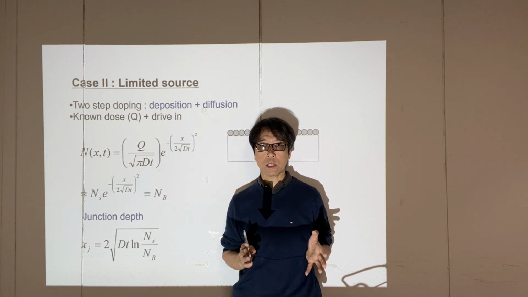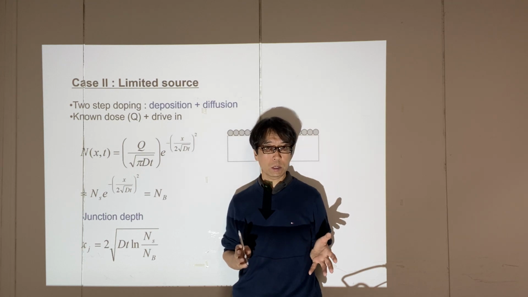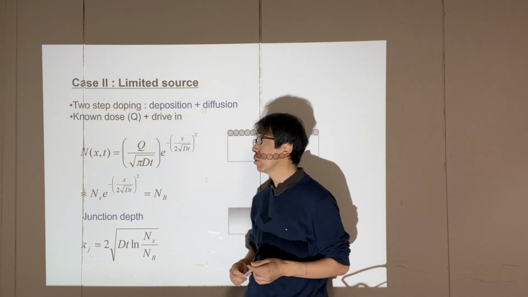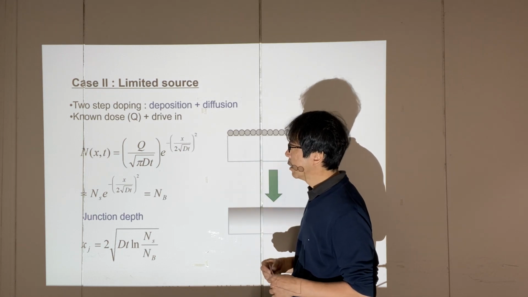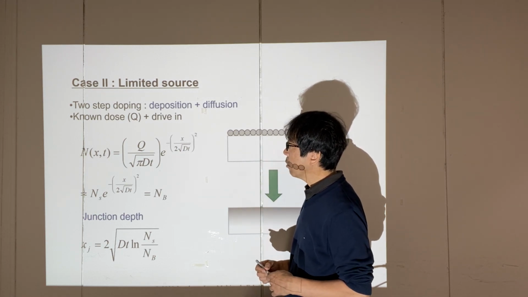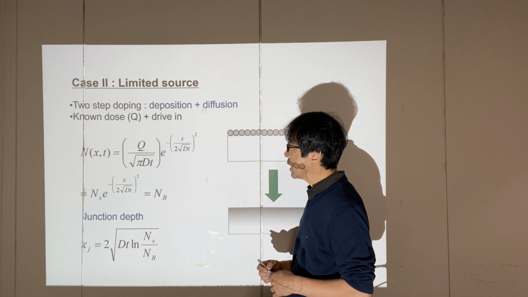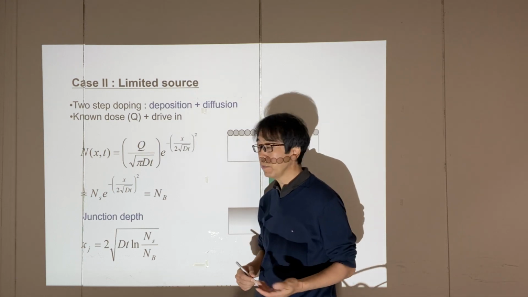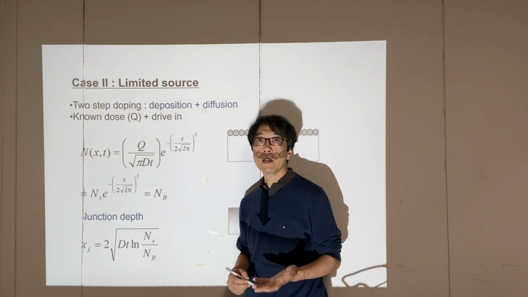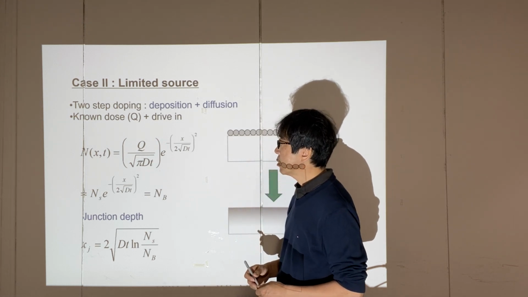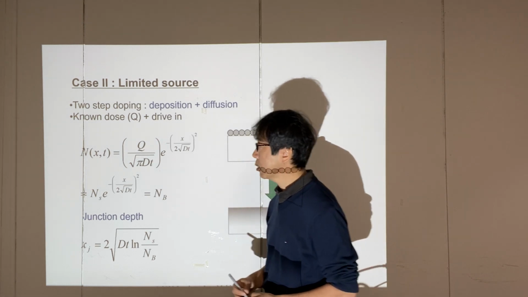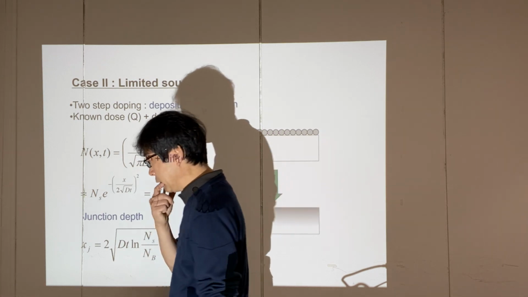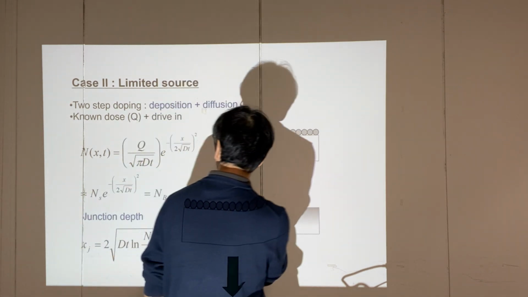Then you can calculate such a total amount, which we call the dose. In that case, if you solve the doping equation that we derived last time using a similarity variable, you can easily solve it. It will be part of your homework, your report, and your exam as well.